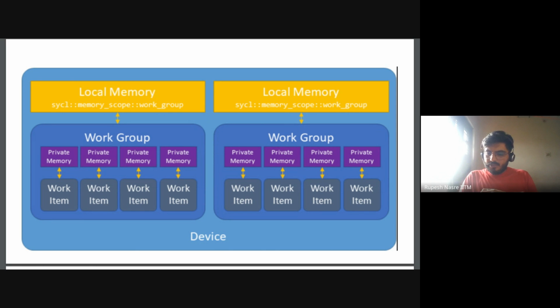For the work item, getting data from its private memory is fastest because they are registers. Getting data from local memory is slightly costlier, but cheaper than global memory. Accessing global memory is costlier than local and private memory. This is the hierarchy of the memories.